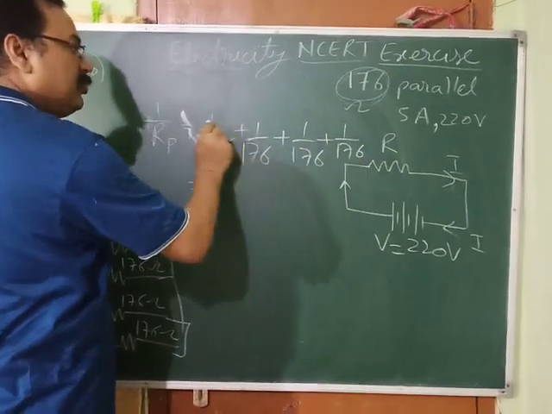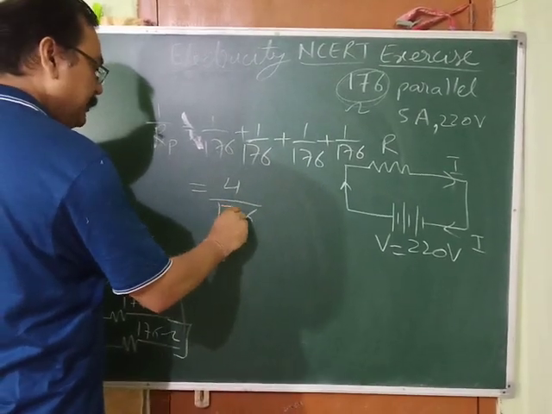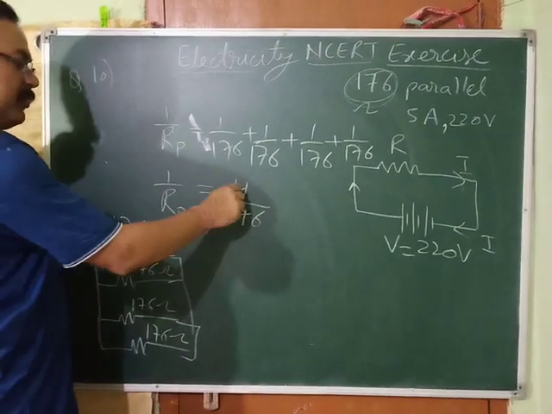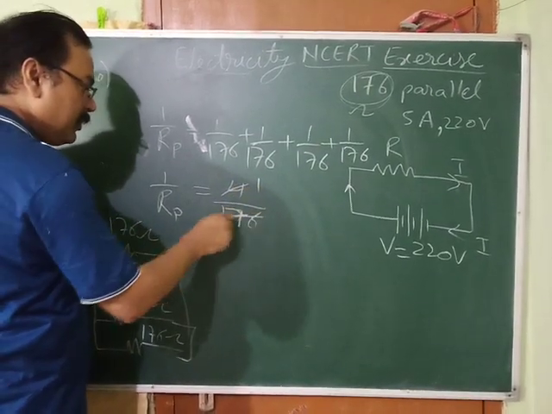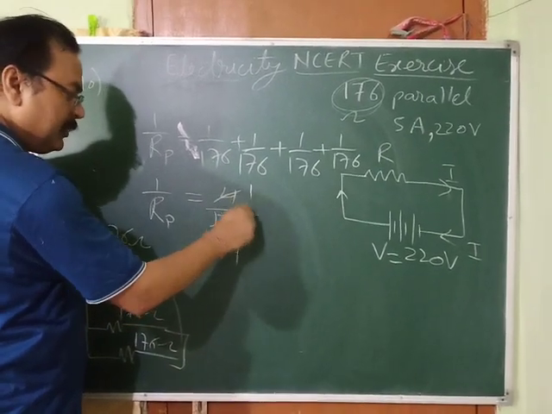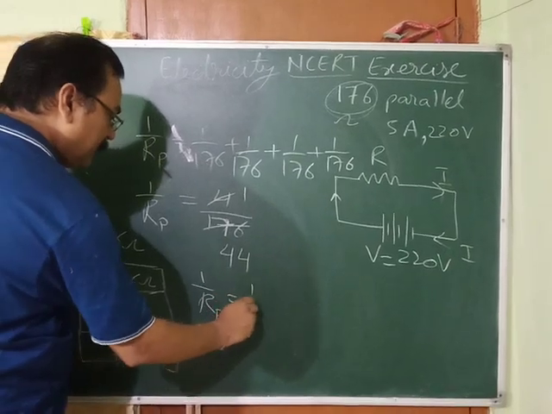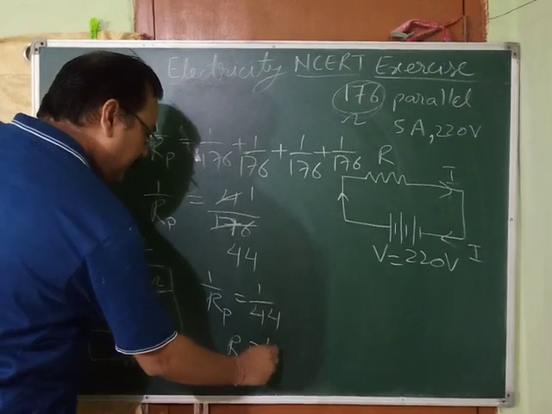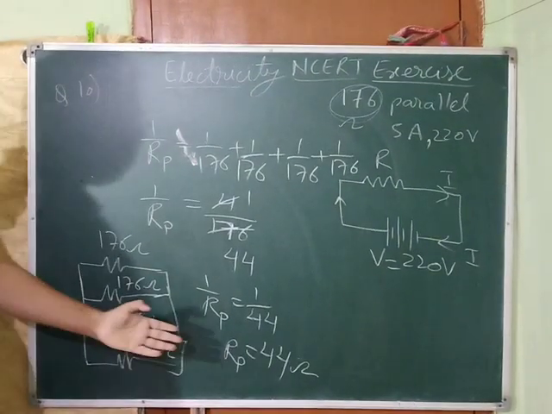Denominator is the same, so numerators can be added, and we get 4 by 176. So 1 by Rp is 4 by 176. Now we can cancel this 4: 4 1s are 4, 4 44s are 176. So 1 by Rp is 1 by 44, and Rp is 44 ohm. And that's what we required.